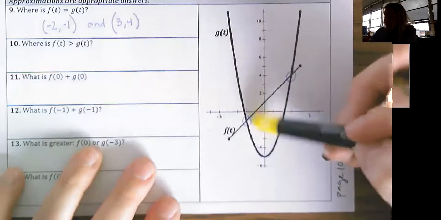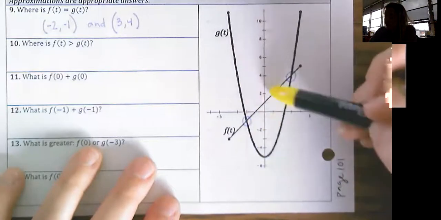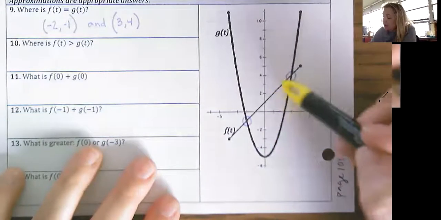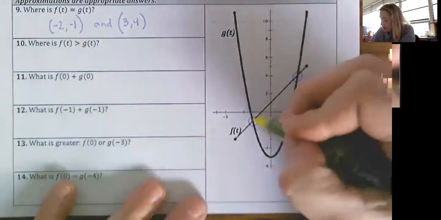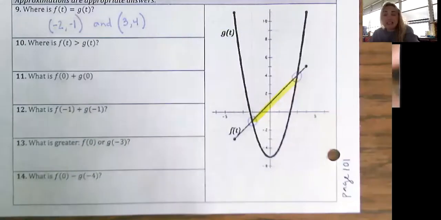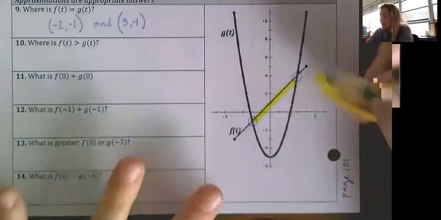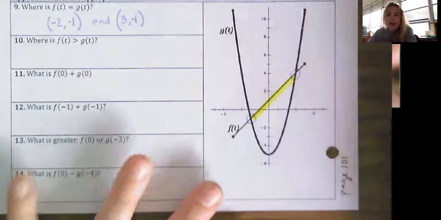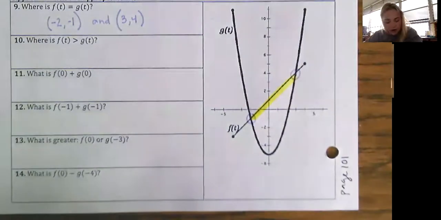And in this section in the middle, do you see how the straight line is on top of the curved line? So all of this section in the middle has f of t above g of t. And then when we hit this part over here, you can see that the curved line spikes back up and goes above the straight line. So what section is the straight line above the curved line?